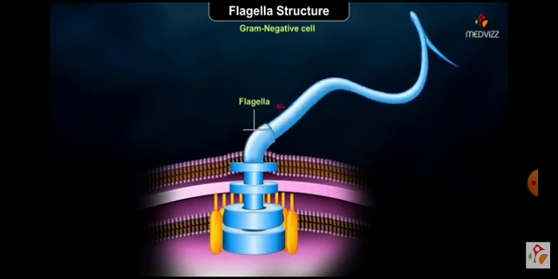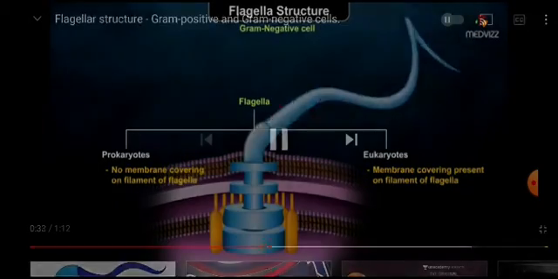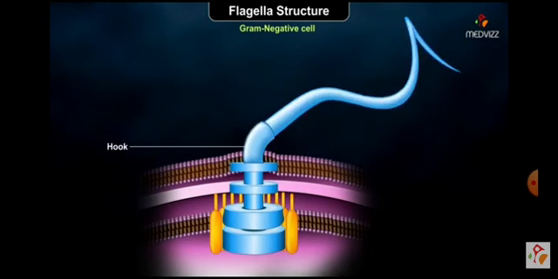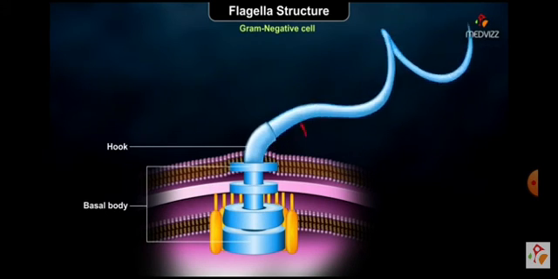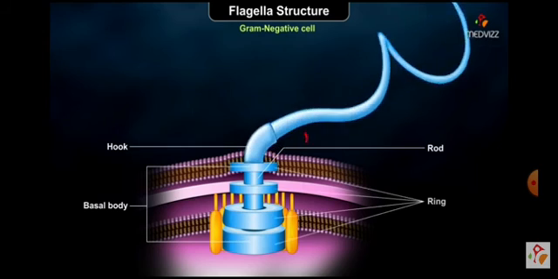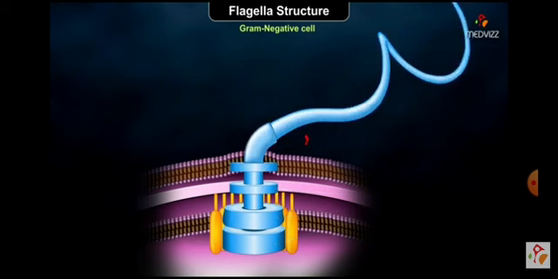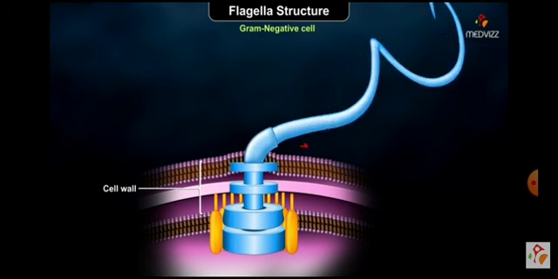So this is the structure of flagellum in case of gram-negative bacterium, where you can see the presence of four rings. So this hook is bound to the central rod, and that central rod is bound to the basal body, and this is how the rings are arranged around this central rod, and the flagellum is moving in the circular motion.